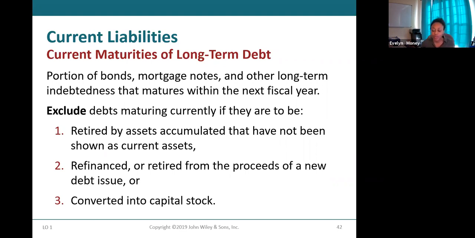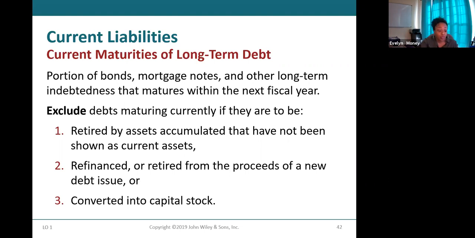And that is what happens when we have long-term debt that is coming due or will be paid within the next year. Well, we know if we're going to use current assets to extinguish it, then it should be shown as a current liability. But there's some long-term debt where we're not using current assets to extinguish it.